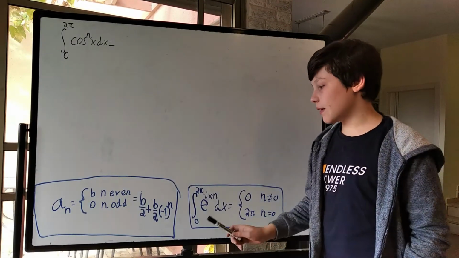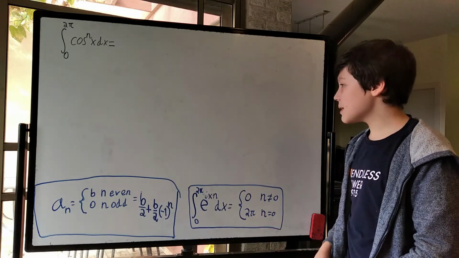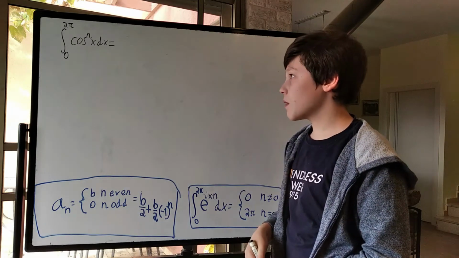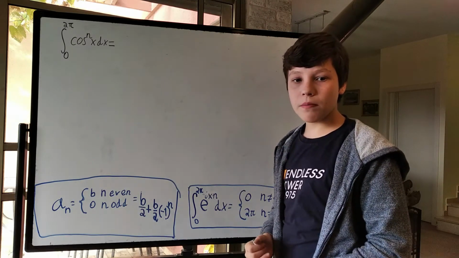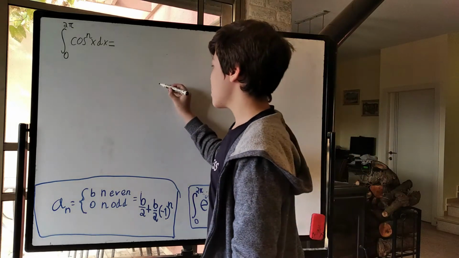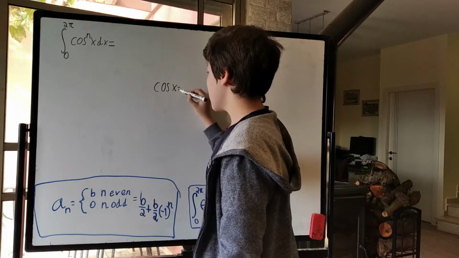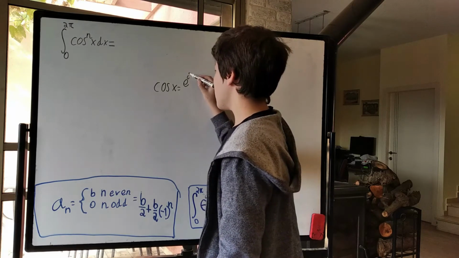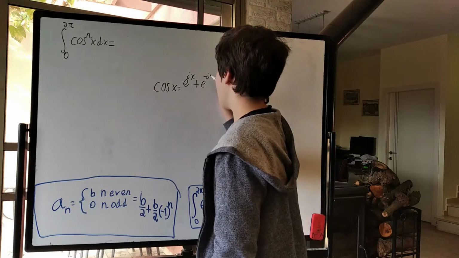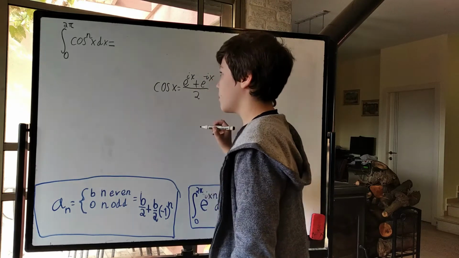Alright, now that we've established these two formulas, we're going to go on with the integral. First thing I want to do is use the complex definition of cosine x, which is cosine x equals e to the ix plus e to the negative ix over 2.